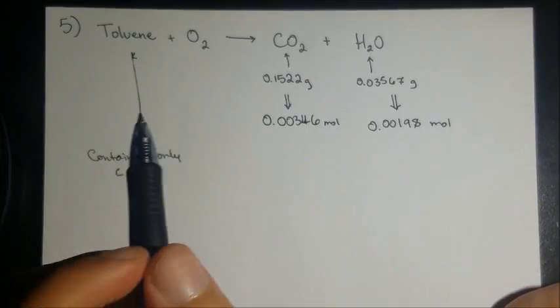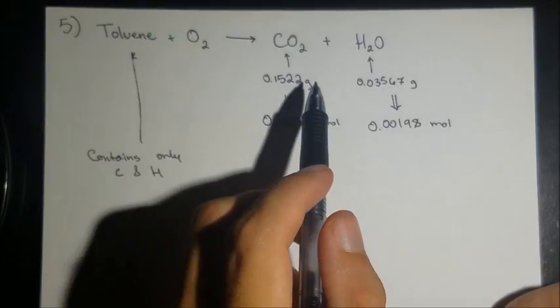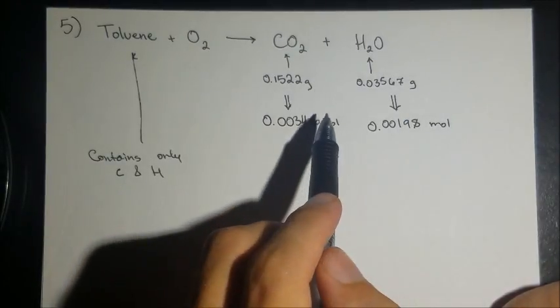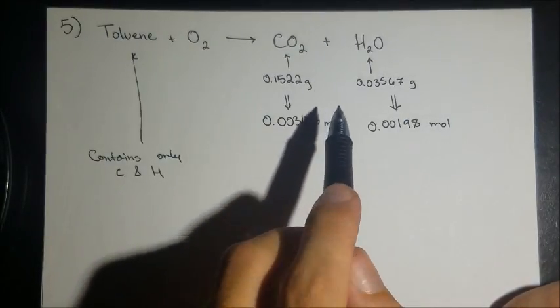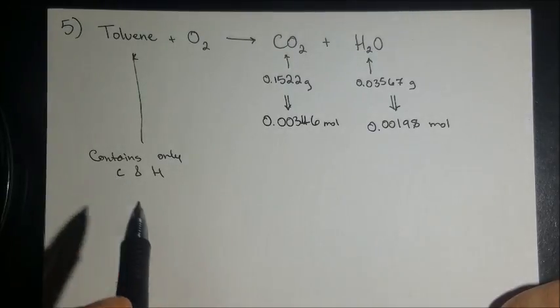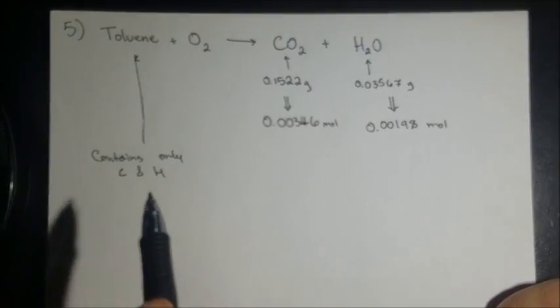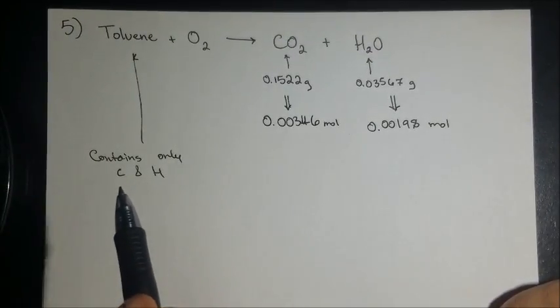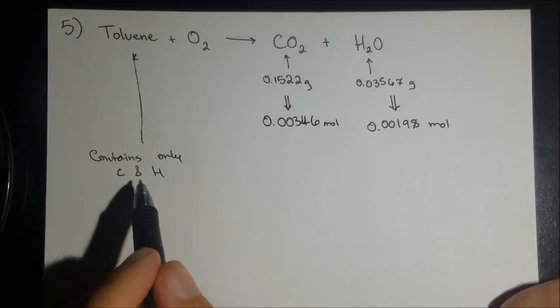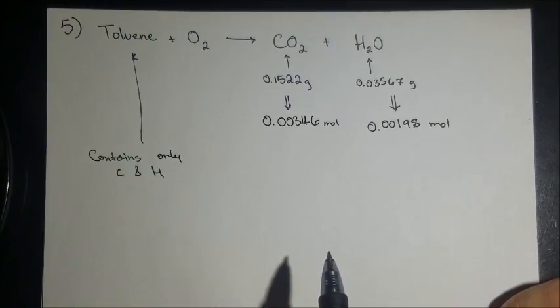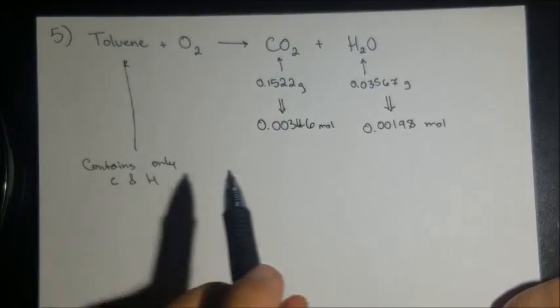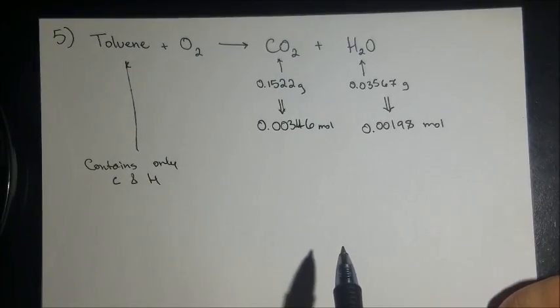So if we calculate how much carbon we have over here in the products, then we can relate that completely to the amount of carbon that was originally in the molecule, because the only place that carbon could have come from was from our hydrocarbon analyte. And this is just due to the conservation of mass.